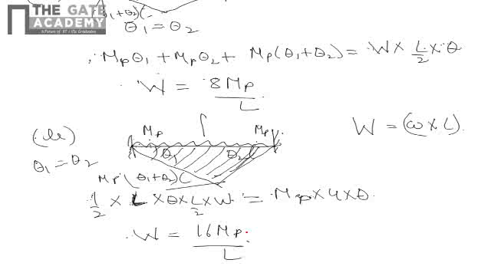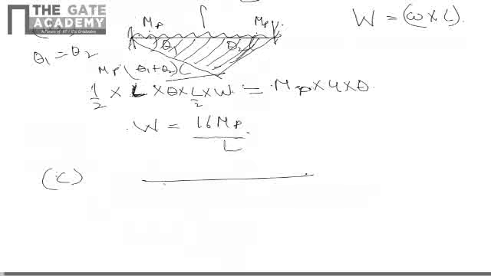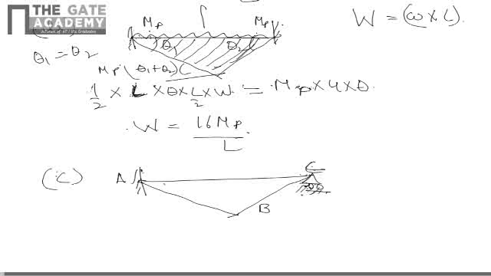If we talk about the third case, which is the case of a propped cantilever, everything will remain the same as in this case, the difference being that only point A and point B will be contributing towards internal moments. Since point C, which is propped, has a pin joint here, no moment will be generated at the pin joint.